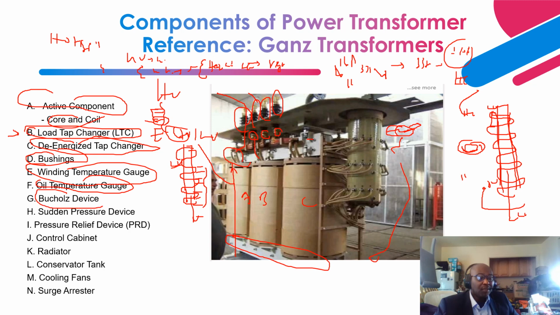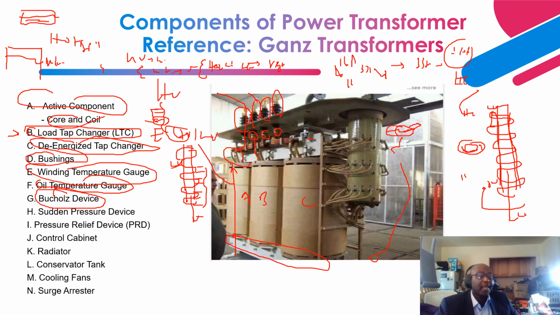Next is the Buchholz device. It is mostly installed in free breathing open conservator tank transformers. So you have a main tank right here, filled with oil. Then on top of it is the conservator tank, the reservoir that has oil here.